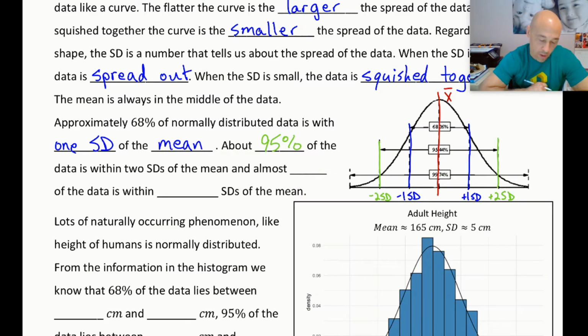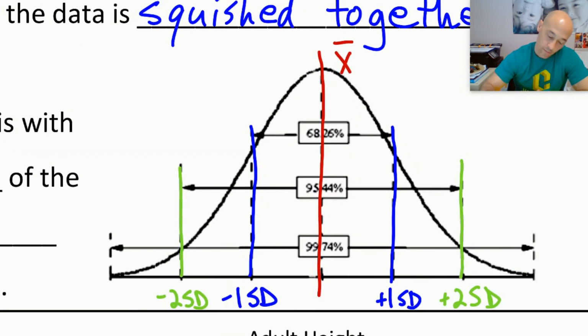And almost all of the data is within 3 standard deviations of the mean. So if we look here, again, from here to there, 99.74% of the data is within 3 standard deviations of the mean.